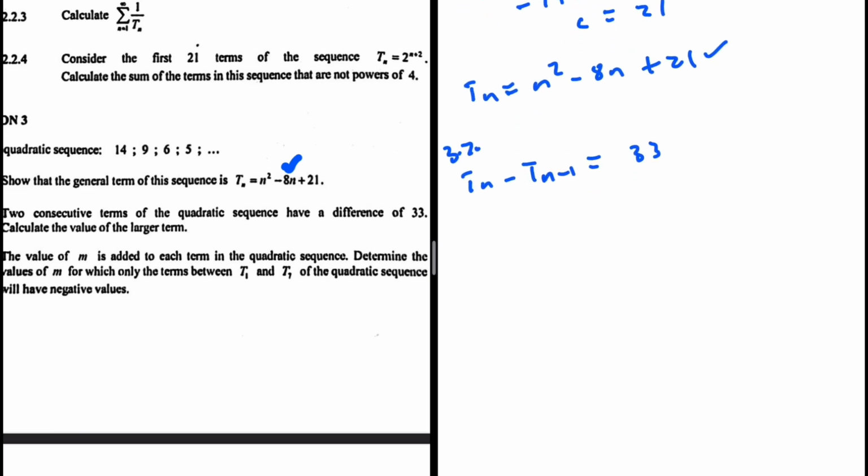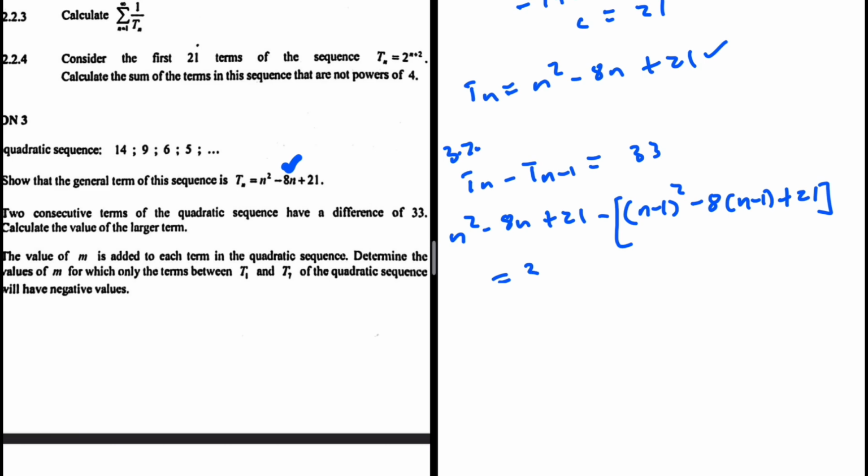So Tn is n squared minus 8n plus 21, minus Tn minus 1. So that is going to be n minus 1 squared minus 8 times n minus 1 plus 21.